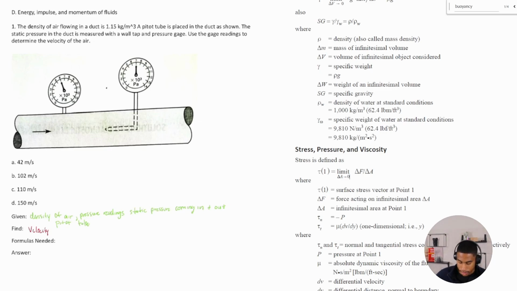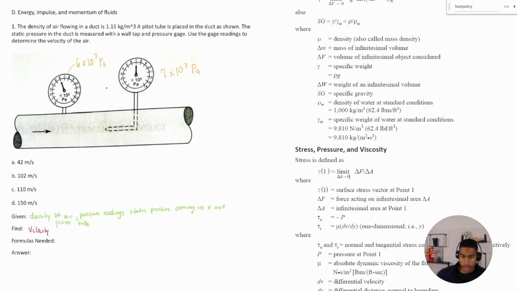Well, first and foremost, let's also get these readings. For those of you who it's kind of hard to see, it's coming in at 6 times 10 to the third pascals, and it's going out at 7 times 10 to the third pascals. So those are our readings coming in and coming out.